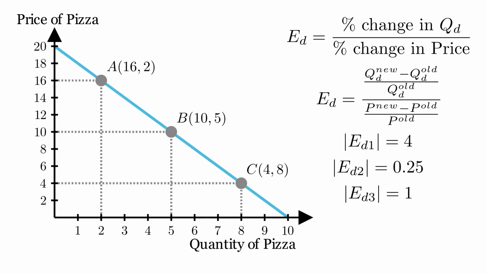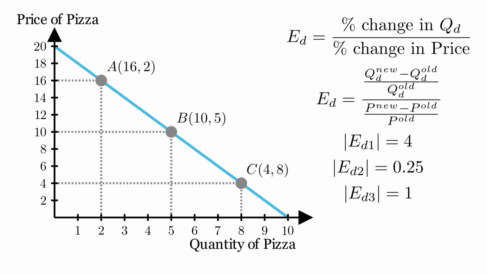As you can see, when we treated point A as the old point and point B as the new point, elasticity was 4. When we reversed the points and treated point B as old and point A as new, elasticity became 1. This shows that the simple percentage change method can give different elasticity values depending on which point we treat as old and which point we treat as new.